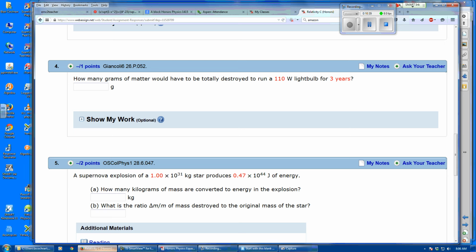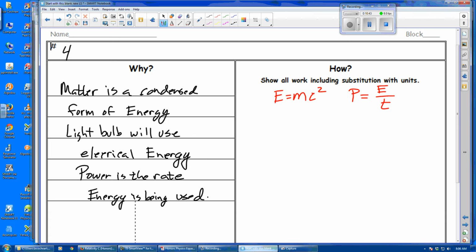Whichever way makes sense to you. But I need to say, okay, if it's running for this amount of time, it's going to use this much energy. So the power multiplied by the time is going to give me the energy. But I need to make sure that these two are in compatible units. Power, joules per second times seconds, or joules per year times years, however that works out.